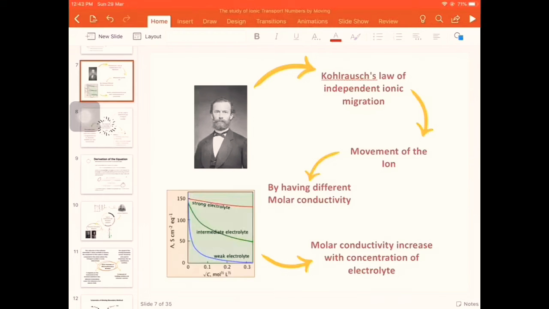If there is movement of the ions, it results in the conductivity of an electrolytic solution. In an electrolytic system, the migration of the ions goes to the appropriate electrodes, and this migration results in the conductivity.